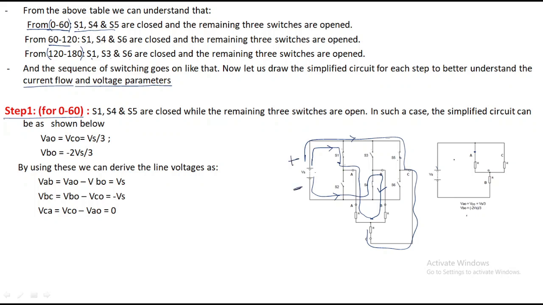Positive side only current will be flowing, but for this, the current will be flowing from the negative side. That's why keep A and C in the upper manner, B in the lower manner. Then we will get VA naught. The voltage across this point and this point is Vs by 3. Voltage VB naught is minus 2 Vs by 3.